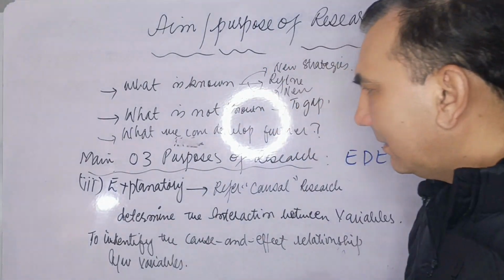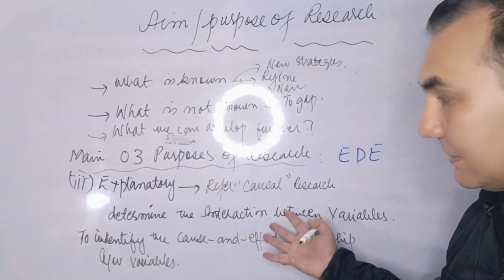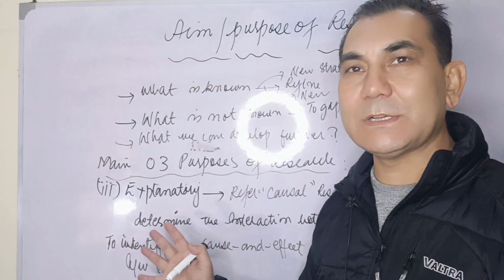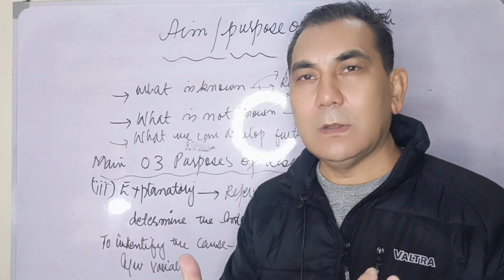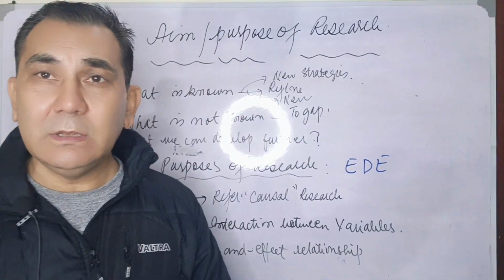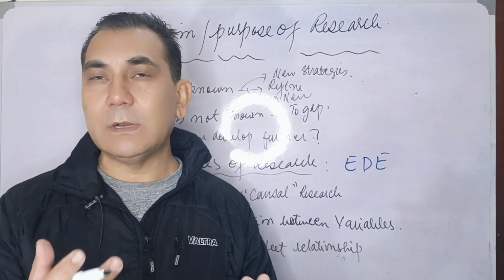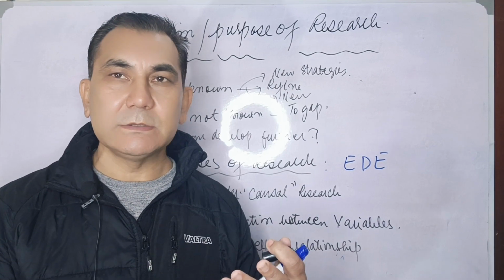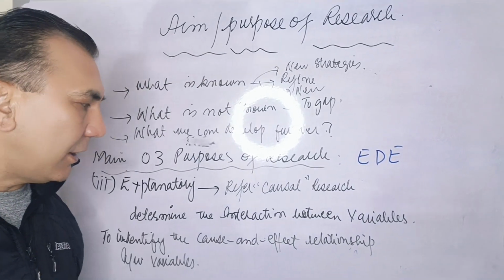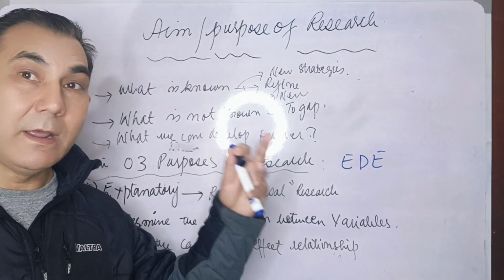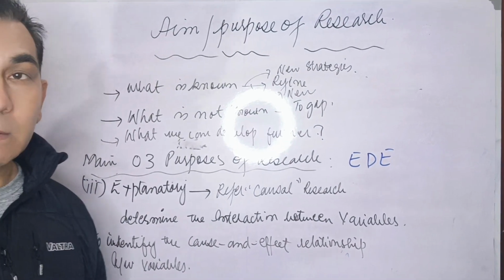The explanatory research, which is mostly analytical research, is where you see the interaction or the relationship between the variables. You can identify the cause and effect relationship between the variables.